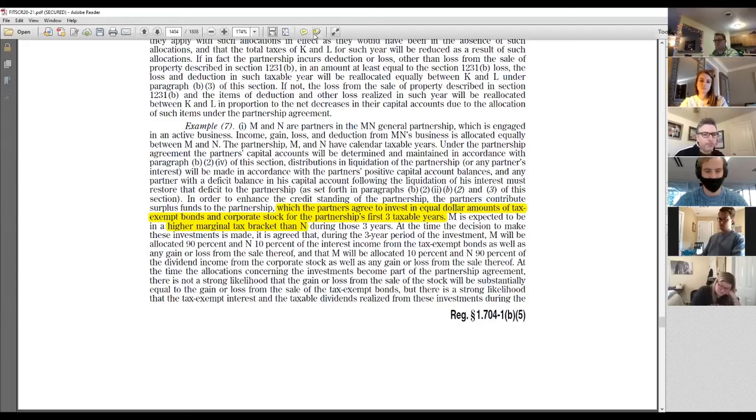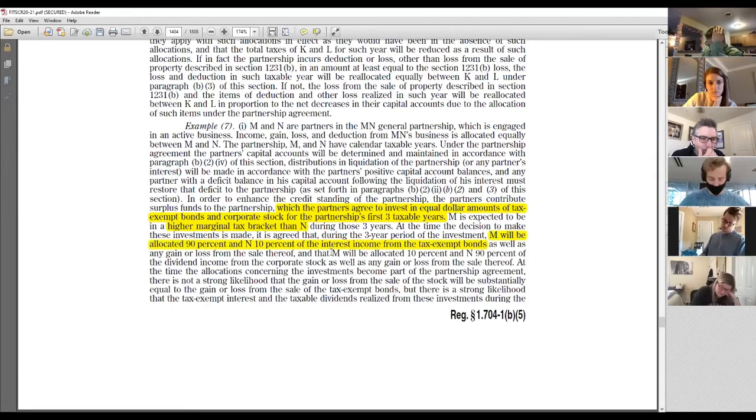If you don't know their tax attributes at all, then it's not a substantiality question, because you can't see whether tax rates go down or up. But here, again, M is higher bracket than N. And what they're going to do is give M, the high bracket, a disproportionate amount of the tax-exempt interest.